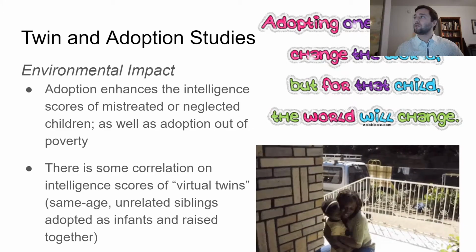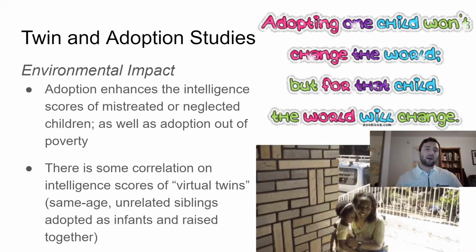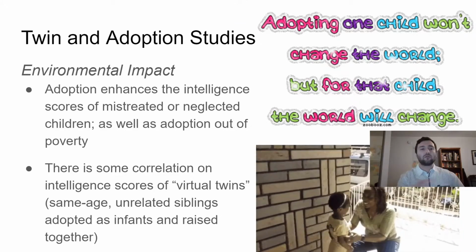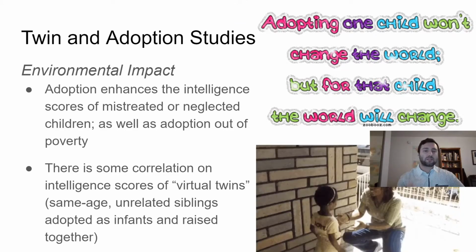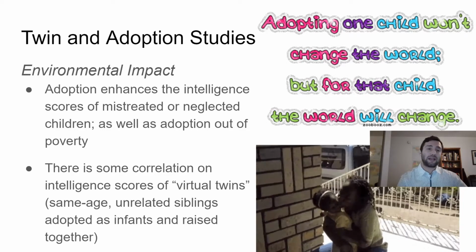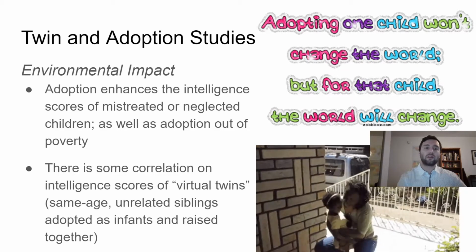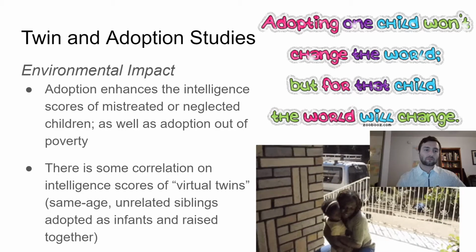Now, we also, though, learn some things about the environmental impact when we look at adoption. We can do, again, twin and adoption studies, but especially adoption studies are pretty important. So we do know that adoption actually enhances the intelligence scores, especially of mistreated or neglected children.